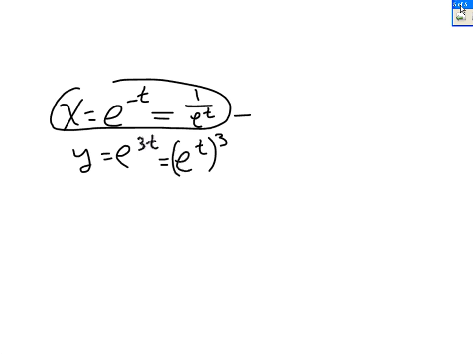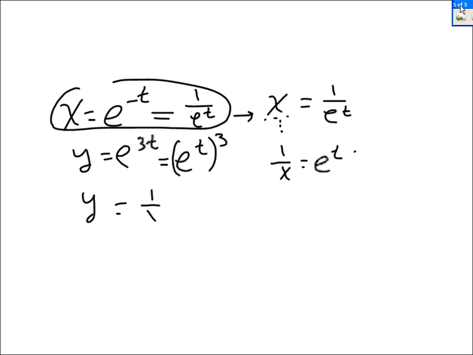Now if two quantities are equal, like x and 1 over e to the t, their reciprocals must be equal. Remember, this is x over 1. So y is equal to e to the t, which is this, cubed. 1 over x cubed.